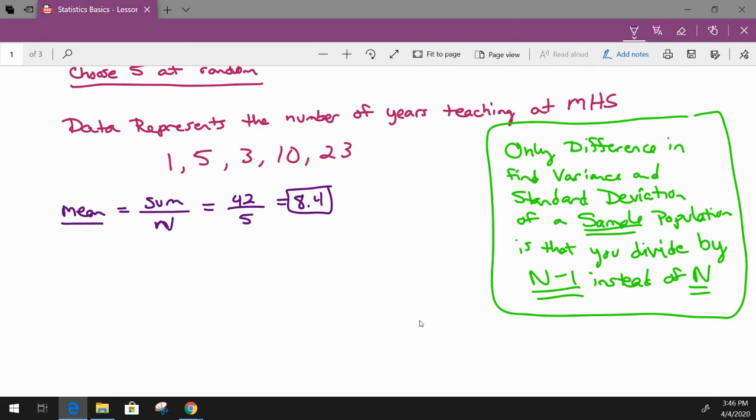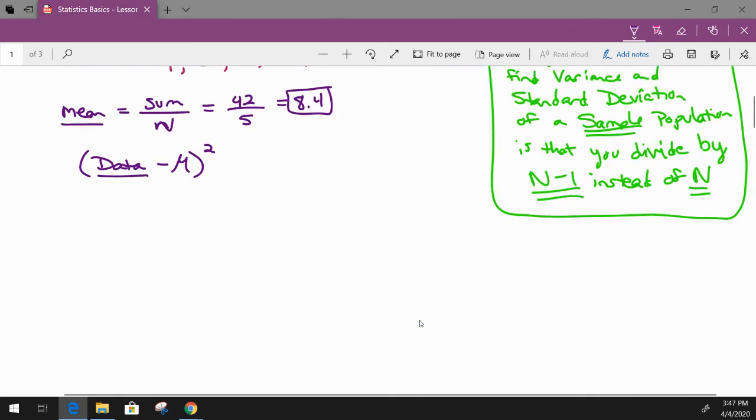The next thing we want to do is make our table, because we want to find our variance by taking the data minus the average and then squaring that. So I'm going to list my data vertically: 1, 3, 5, 10, and 23.